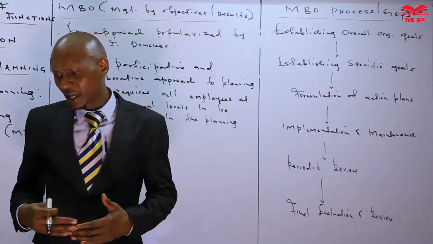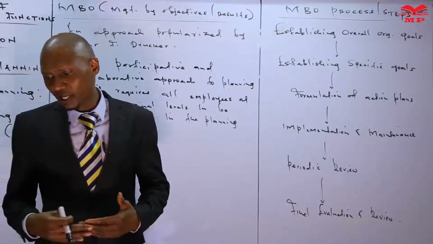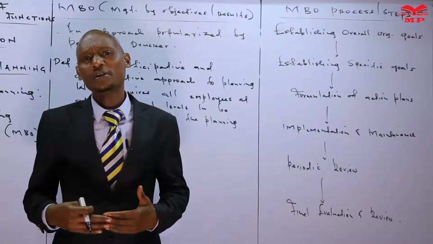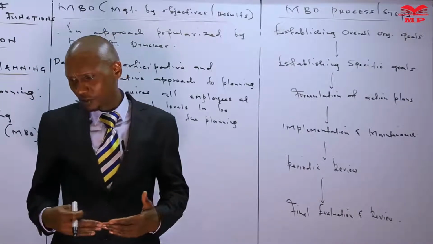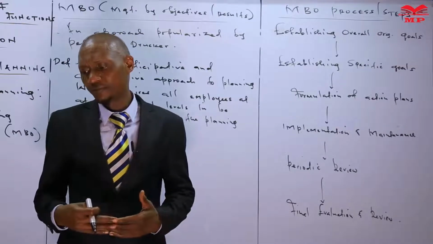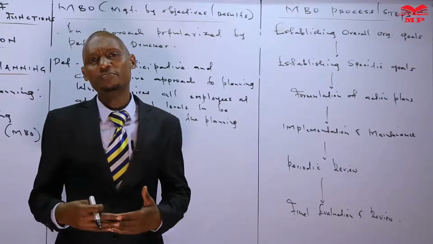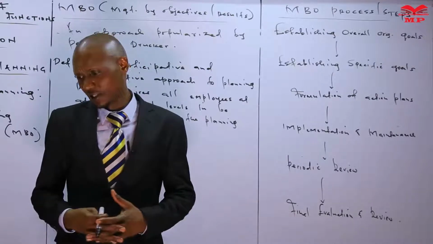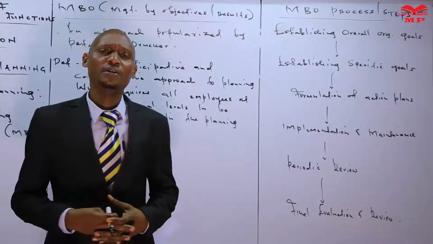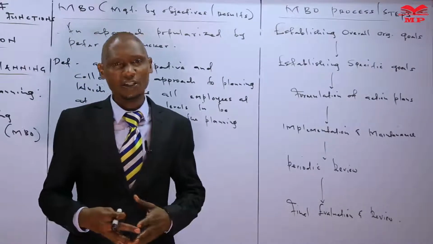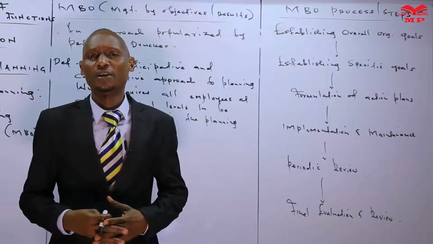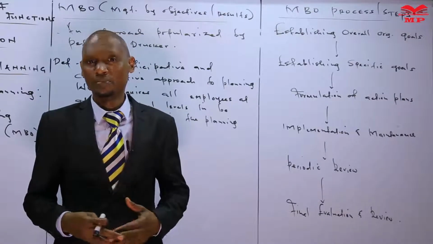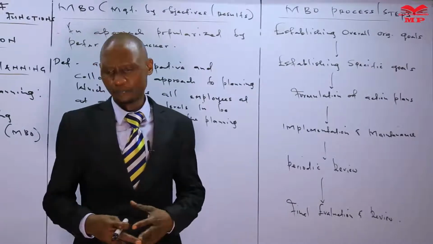In addition to determine the extent to which these goals are being achieved, this step of the process is also supposed to enable them identify any form of barriers or challenges that the employees may be facing and any inadequacies in their action plans in order to review them, to make them more effective.